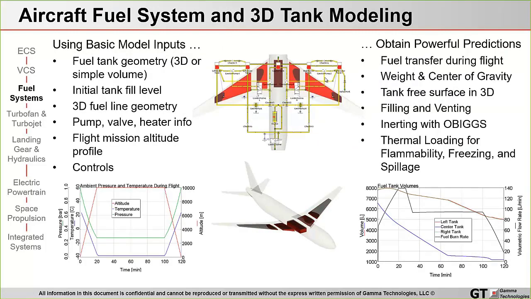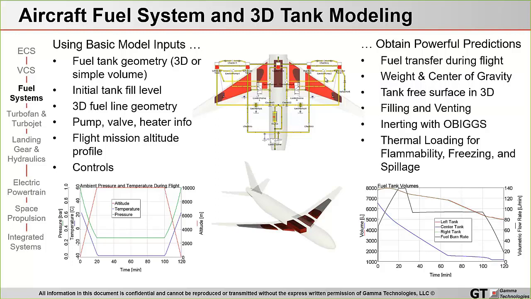Now, transitioning to the fuel systems application, users can build up an entire network for modeling a complete fuel system of an aircraft, all the way from the boundary condition of the tanks and going into different feed lines that ultimately feed fuel into the engine of the aircraft.